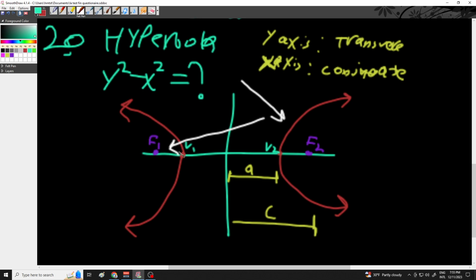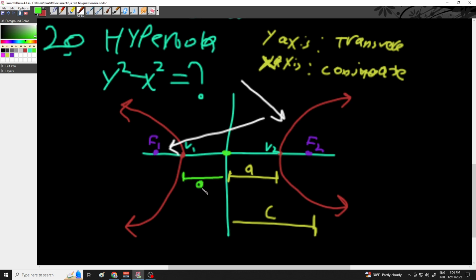Where we start off, you plot the vertex points, V1 and V2, and you make those go out like a sideways parabola. And you plot your foci. These vertices are both equidistant from this point right here. The distance from the center to the vertex is called A. This goes out on both sides too.